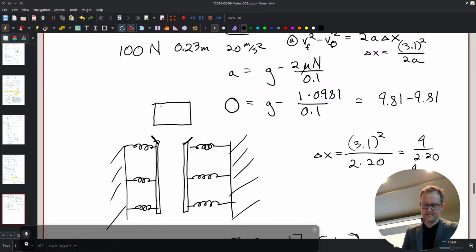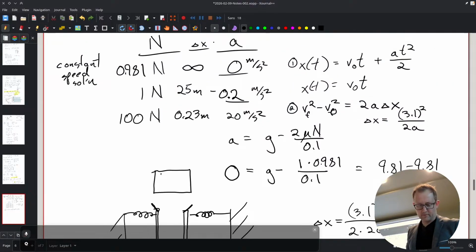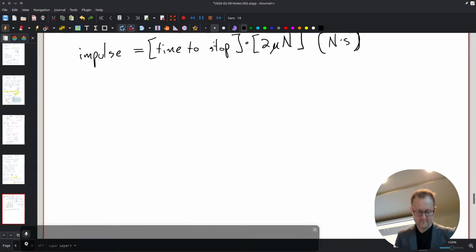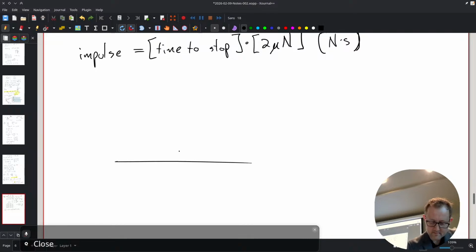Is that right? 0.23 meters? That's what I got, something like that. Force times the time that the force acts, so time to stop times 2.